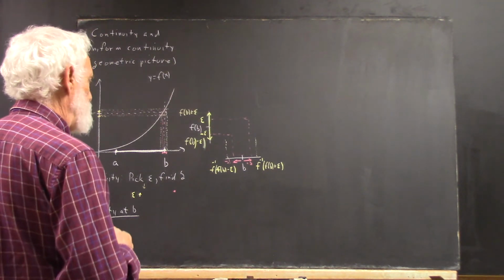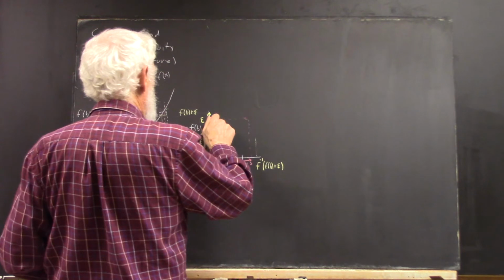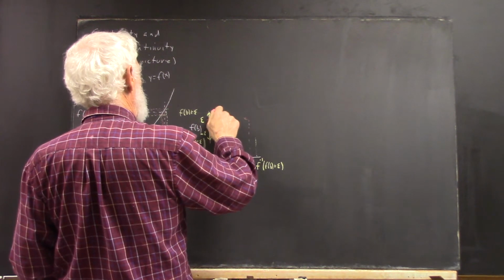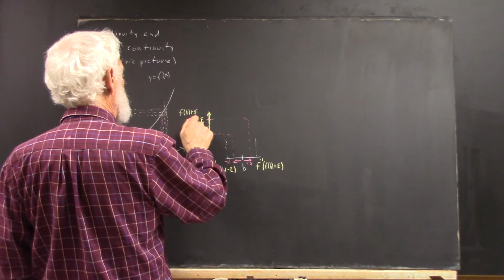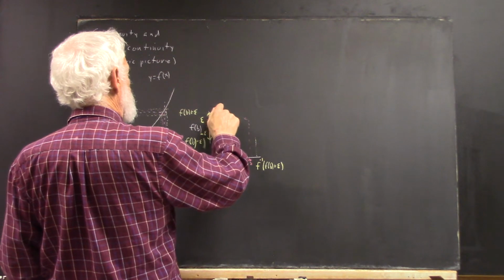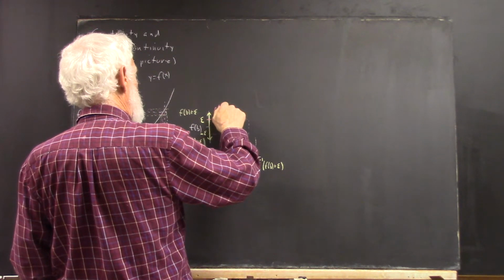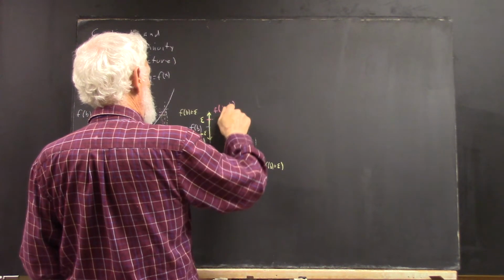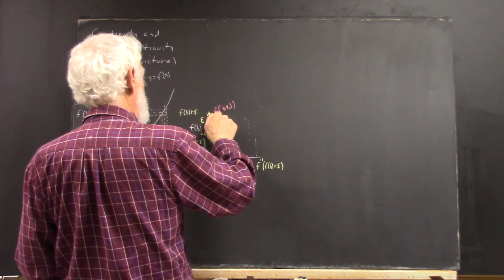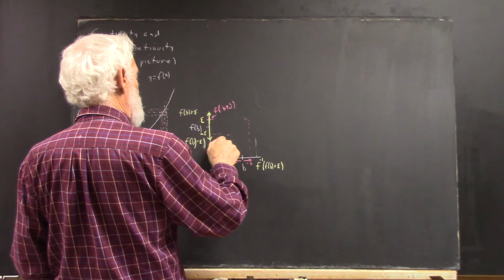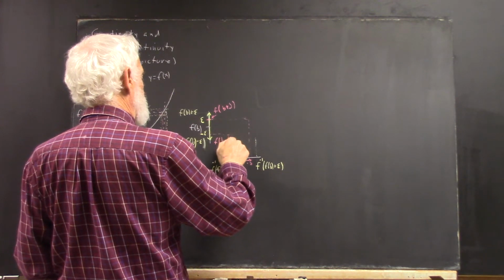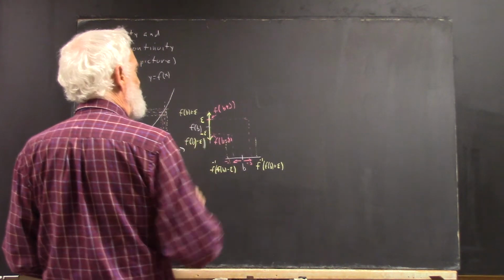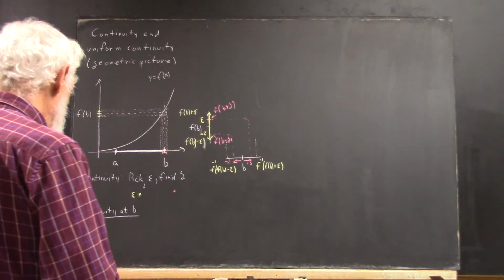So that the value here would be f of b plus delta, sorry. And here, f of b minus delta. It's kind of an important picture.